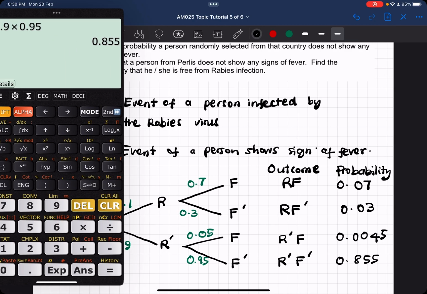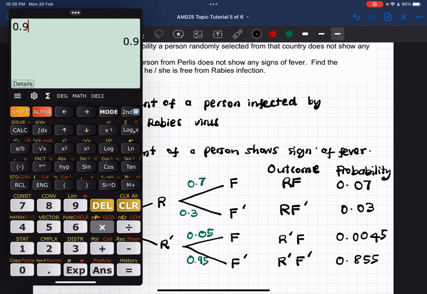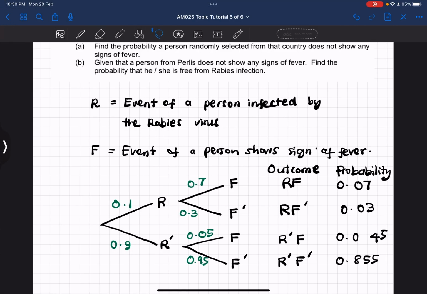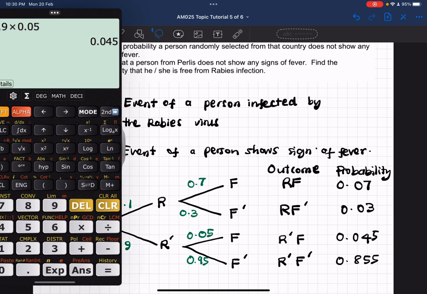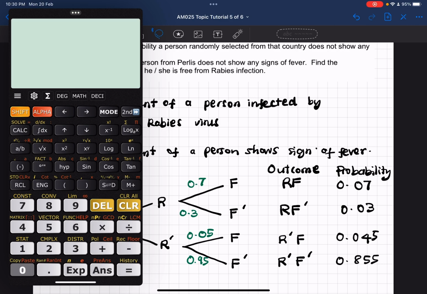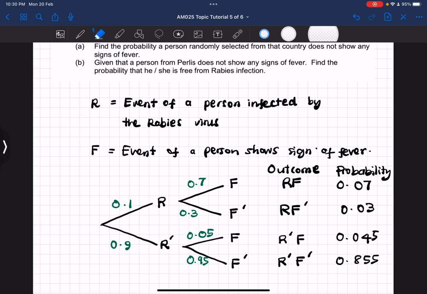Let us check whether I got it right or wrong. 0.9 times 0.05 is 0.045. Oops, there's just one 0 there. Alright, let's add up all the probabilities to see whether we get 1 or not. 0.07 plus 0.03 plus 0.045 plus 0.855. So the total of the probabilities is 1.